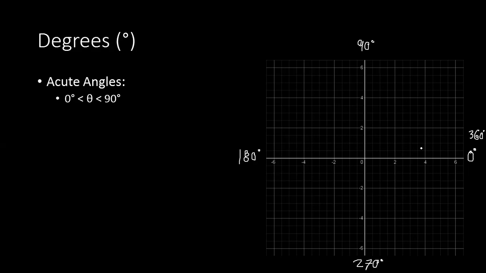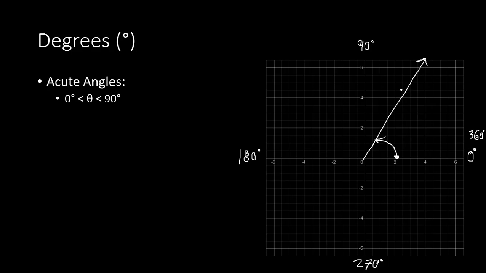So if you form an angle starting from here until here, which is between 0 degrees and 90 degrees, expect that you will form an acute angle. Any angle that is formed within the first quadrant, not exactly 0 degrees or 90 degrees, will be an acute angle.